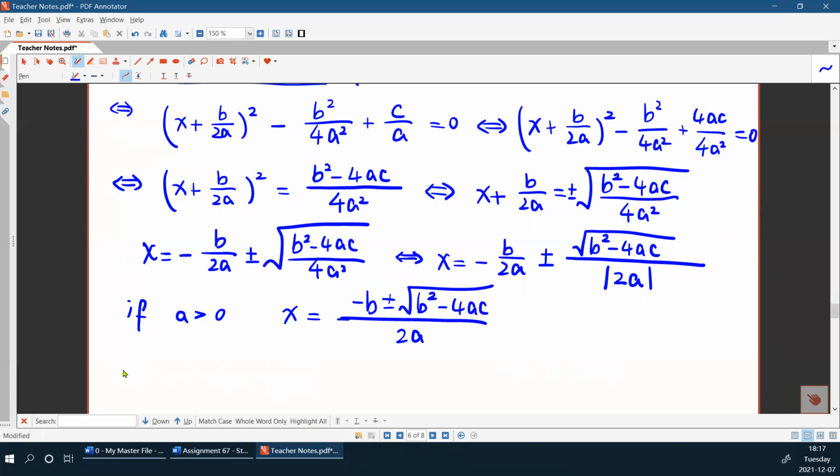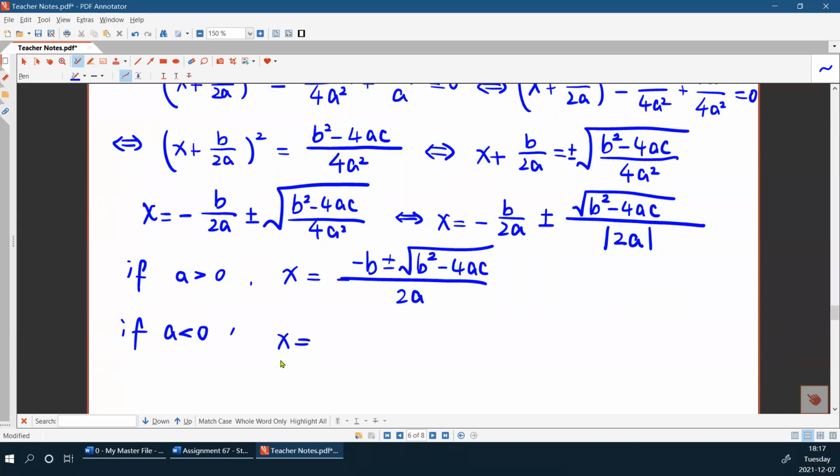And if a is negative, apparently our solution is minus b, negative or positive, the square root of b squared minus 4ac over 2a.